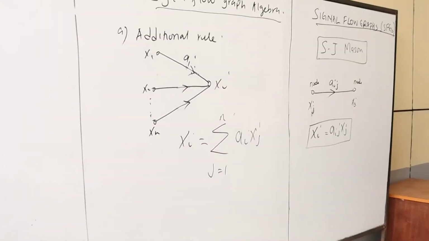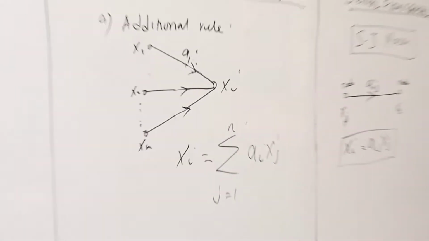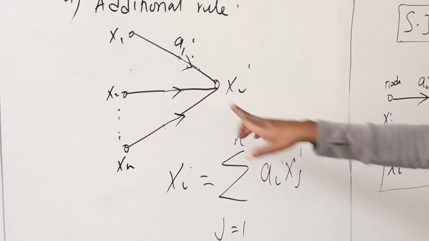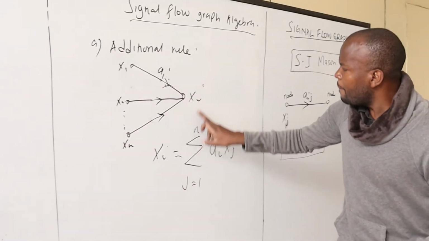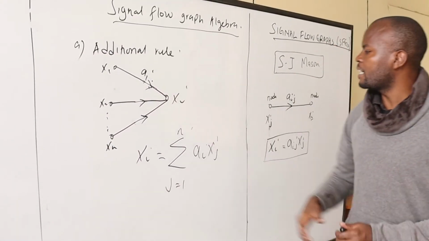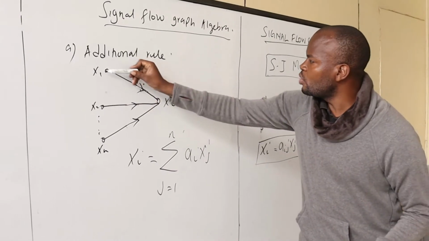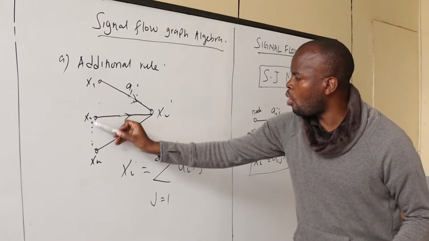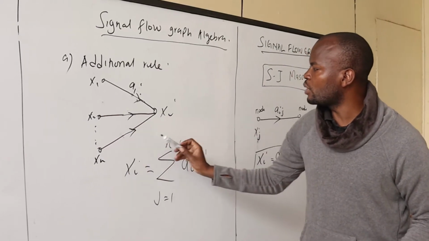That is what we call the summation or the addition rule, whereby all the signals are coming to xi. So the sum of what is happening at xi will be this one times that one, plus this one times that one, plus all that are in between until you get to xn.